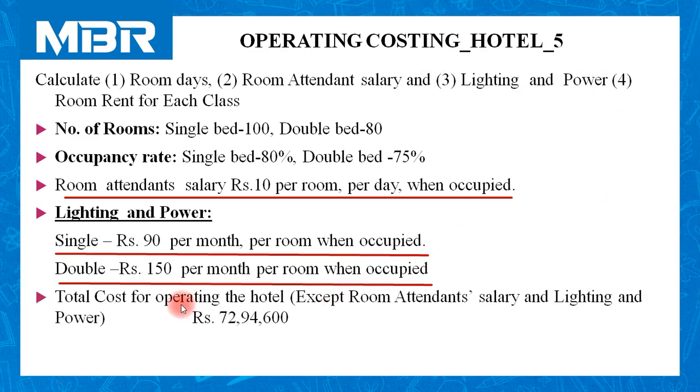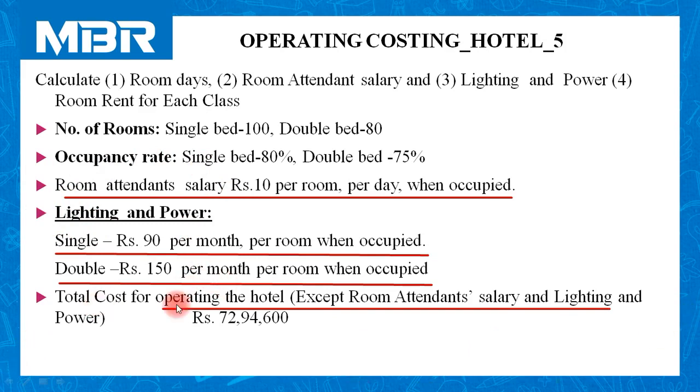Total cost for operating the hotel, except room attendant's salary and lighting and power, is 72,94,600. It means the total cost given here, rupees 72,94,600, does not include expenses on room attendant's salary and lighting and power.